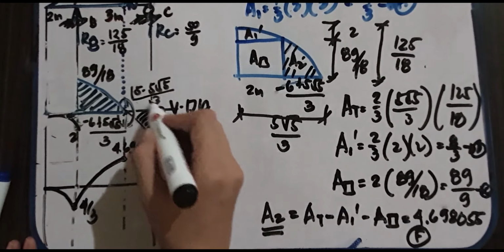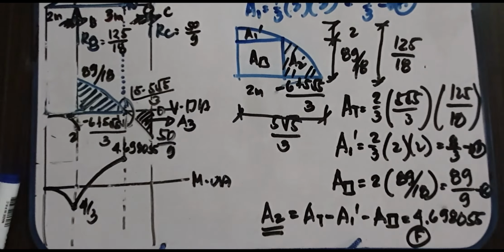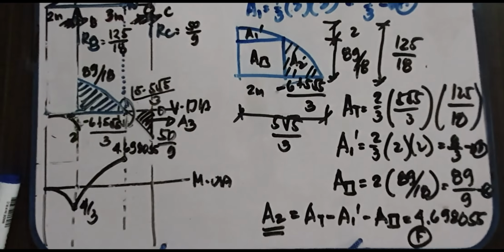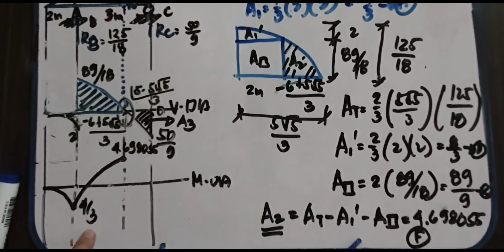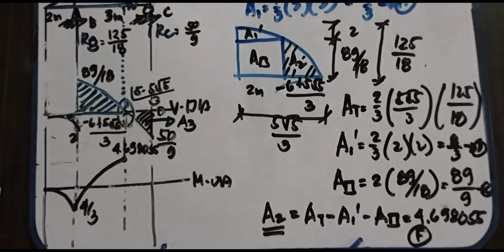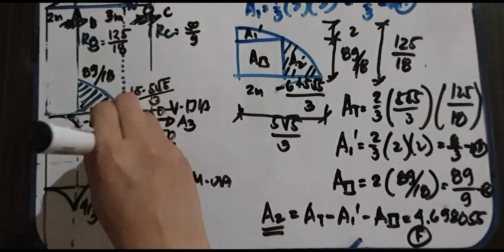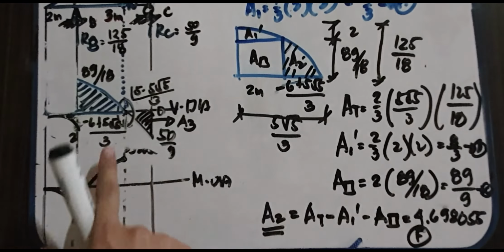At last, dapat hanapin natin to. That is your area 3. So, that is still unknown. So, ito pala, 4 all over 3 minus 4.68055. Minus po yan. Minus, sorry.